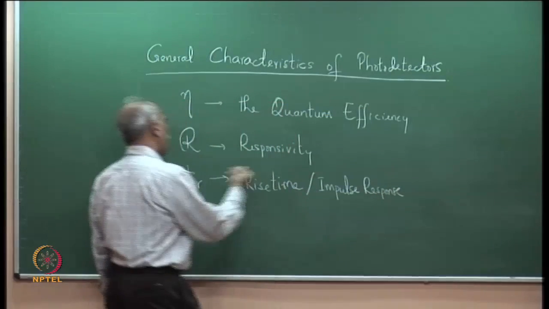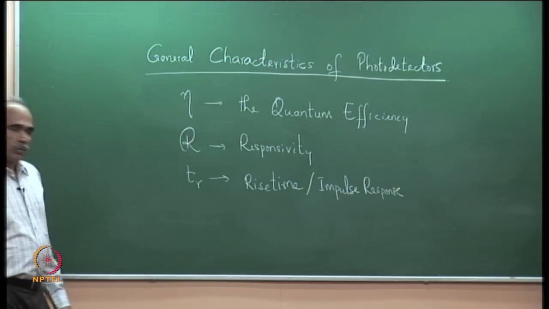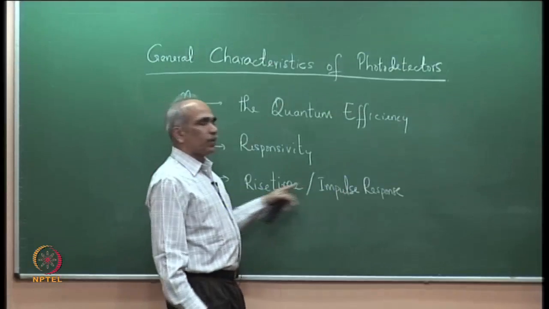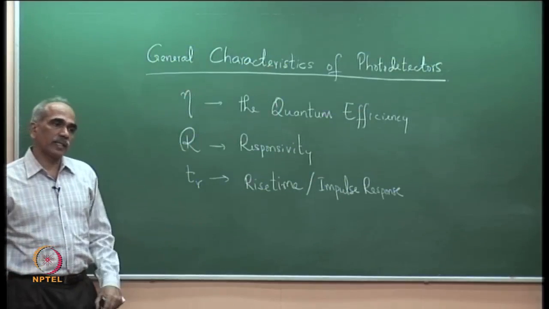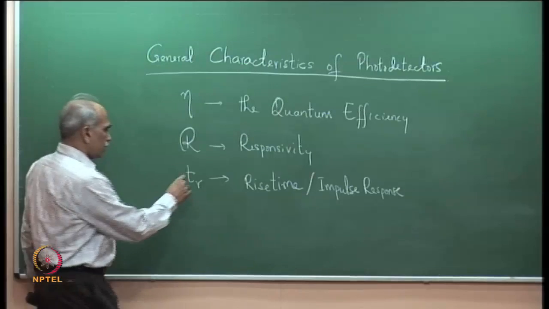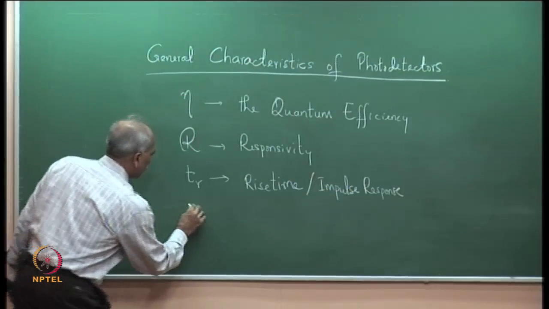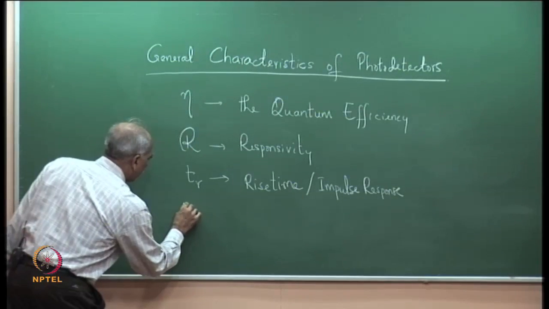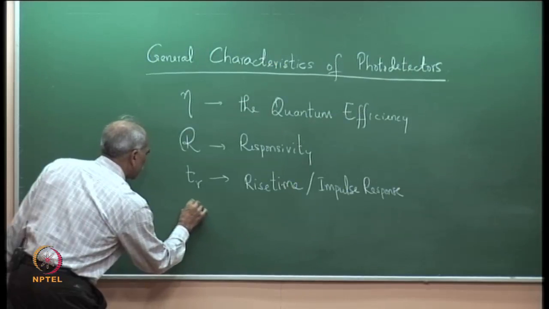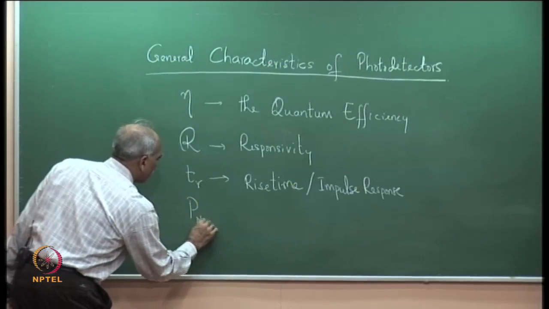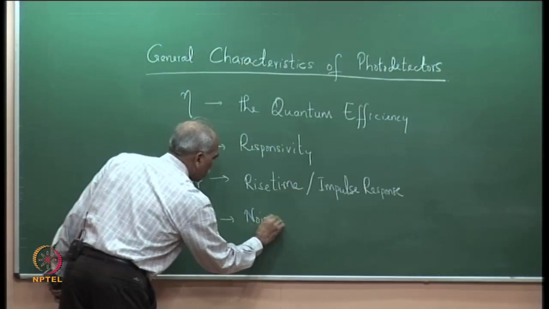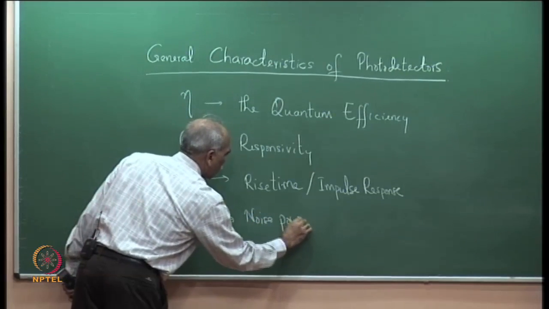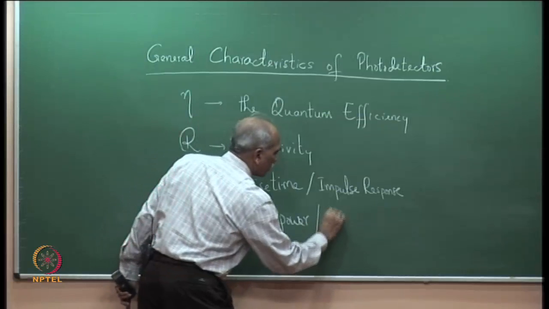The rise time or impulse response will determine the bandwidth of the detector, how fast the detector can respond, and finally, it is the dark current or noise power, P noise.